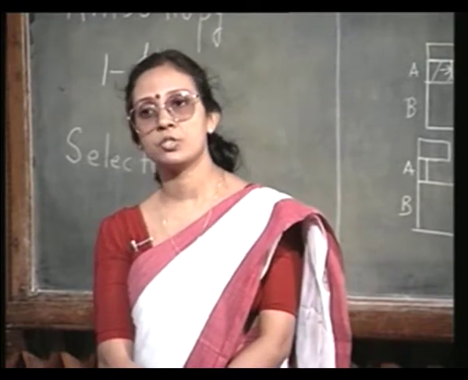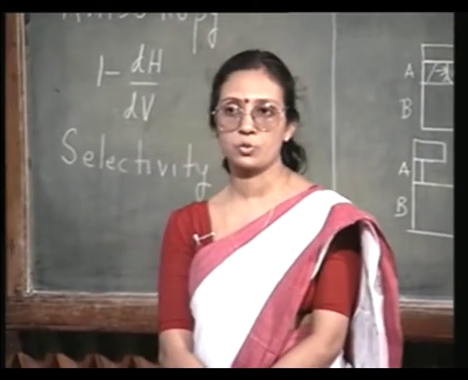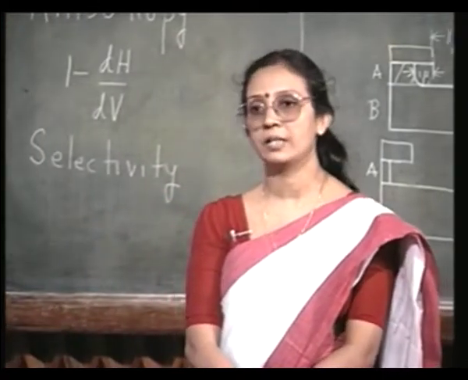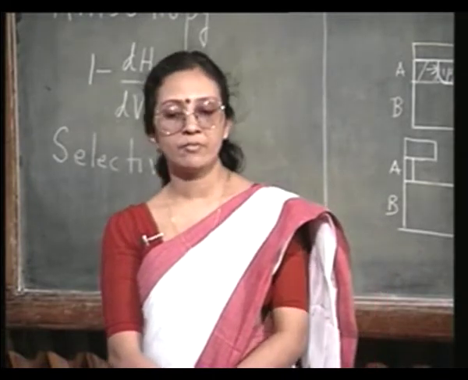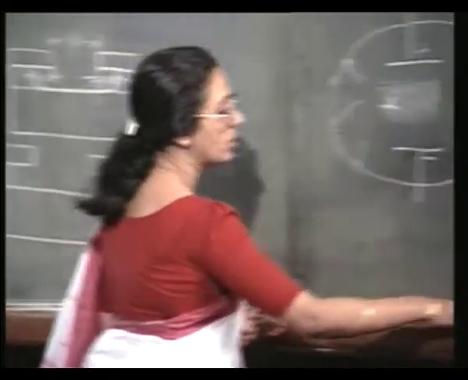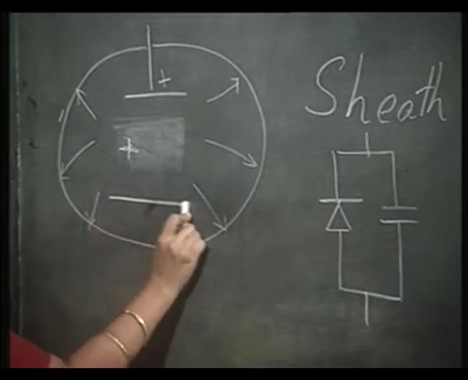Now, let us assume that one of the electrodes has a smaller area. Let us say I have deliberately made one electrode small and one electrode large.